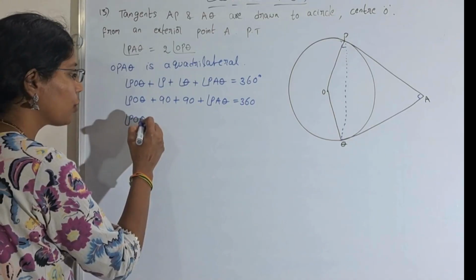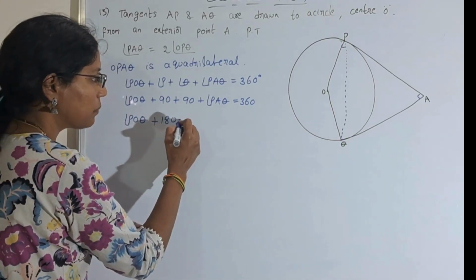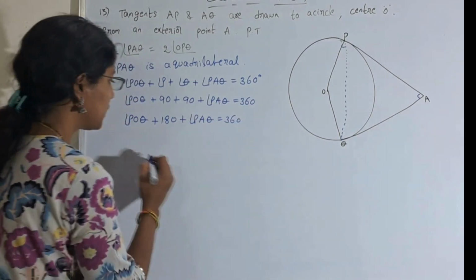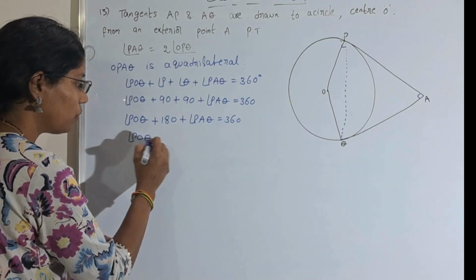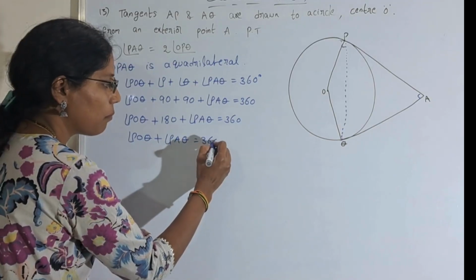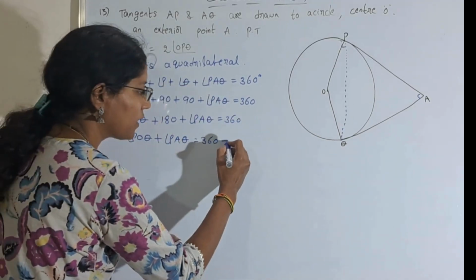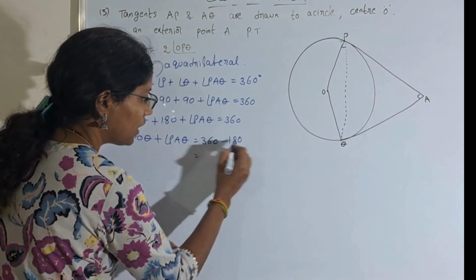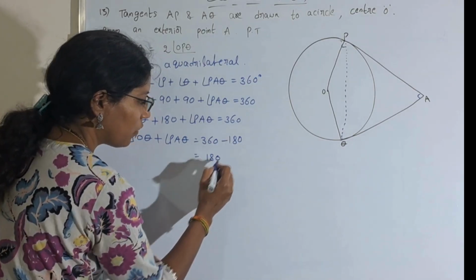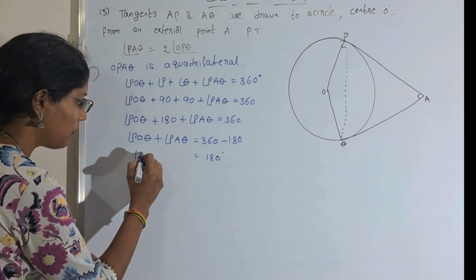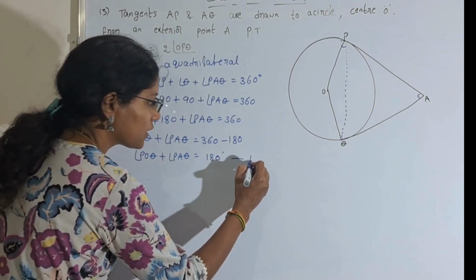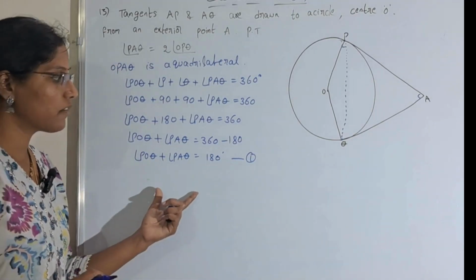Angle POQ plus 180 degrees plus angle PAQ is equal to 360 degrees. Angle POQ plus angle PAQ is equal to 360 minus 180, shifting to the right side. So angle POQ plus angle PAQ is equal to 180 degrees. This is the first condition, equation 1.